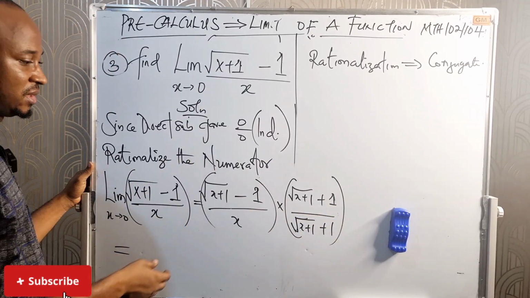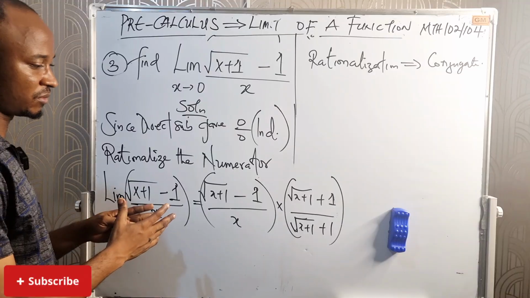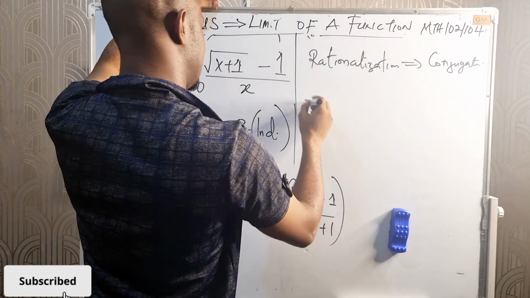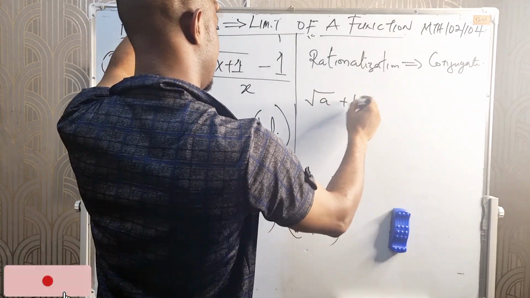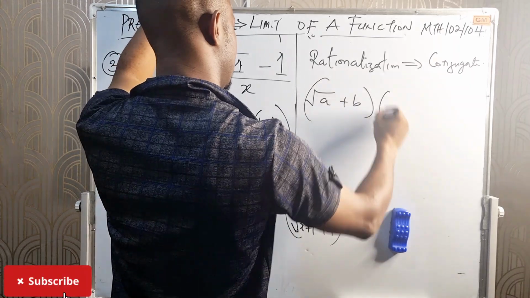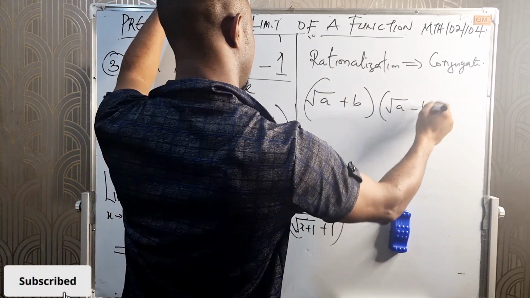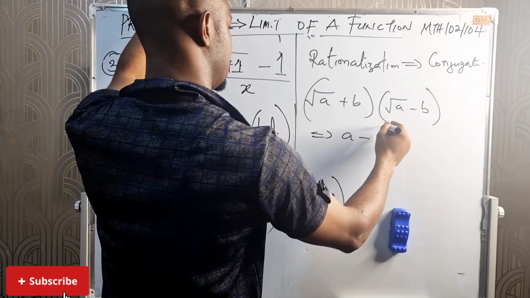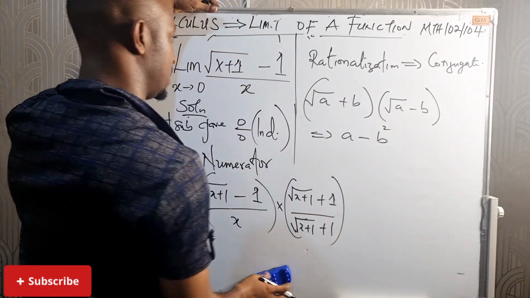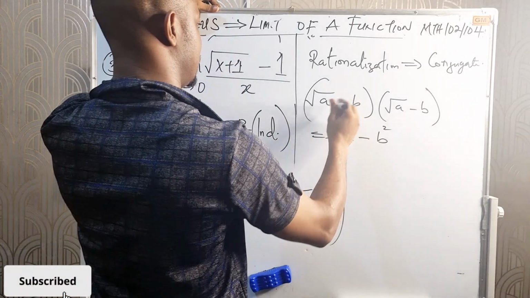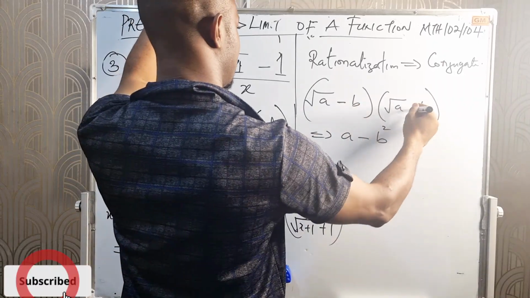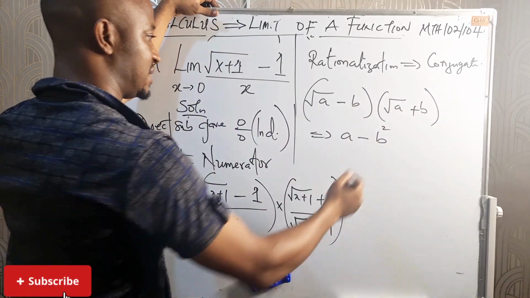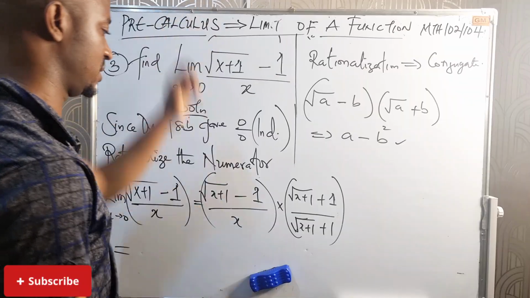Like I showed, if you're multiplying conjugates, a plus b times a minus b, the answer becomes a squared minus b squared. Even if the signs are swapped, the answer is still a squared minus b squared.